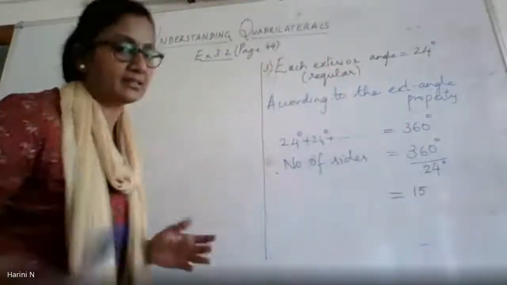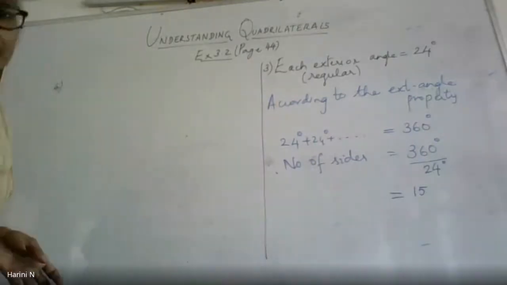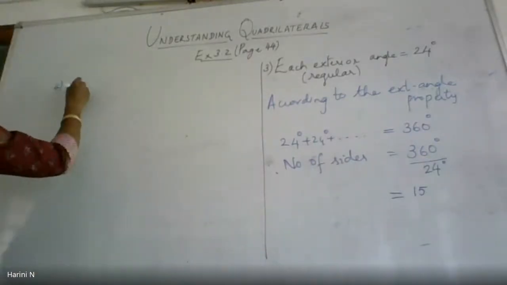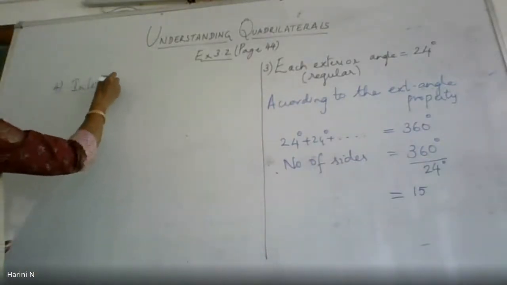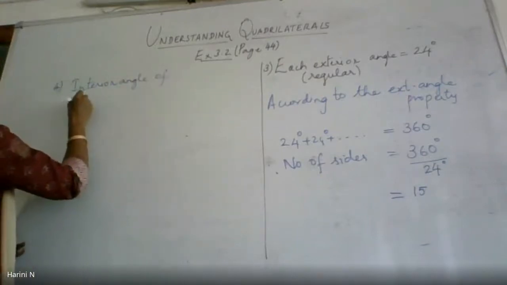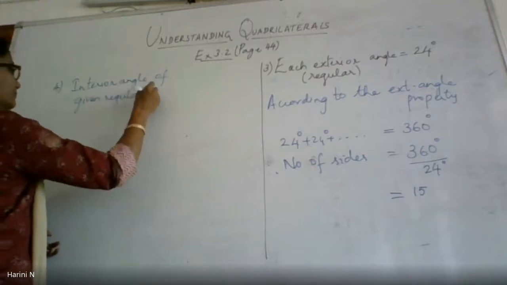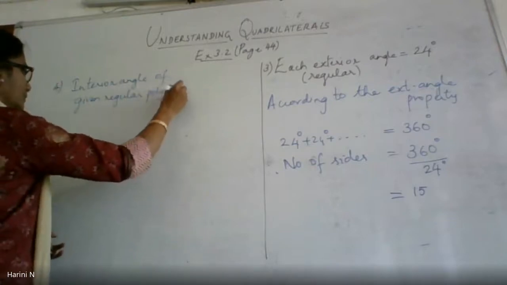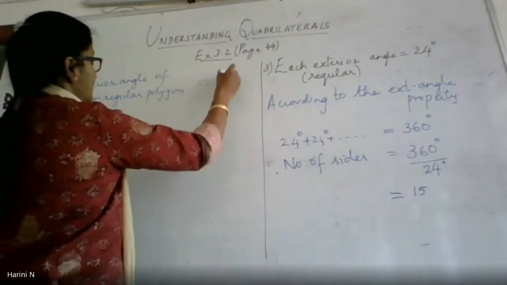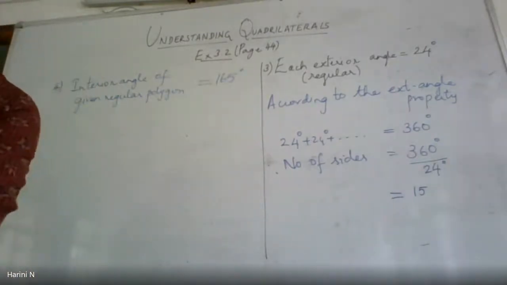So how will you write the statements here? Interior angle of given regular polygon is equal to 165 degrees.